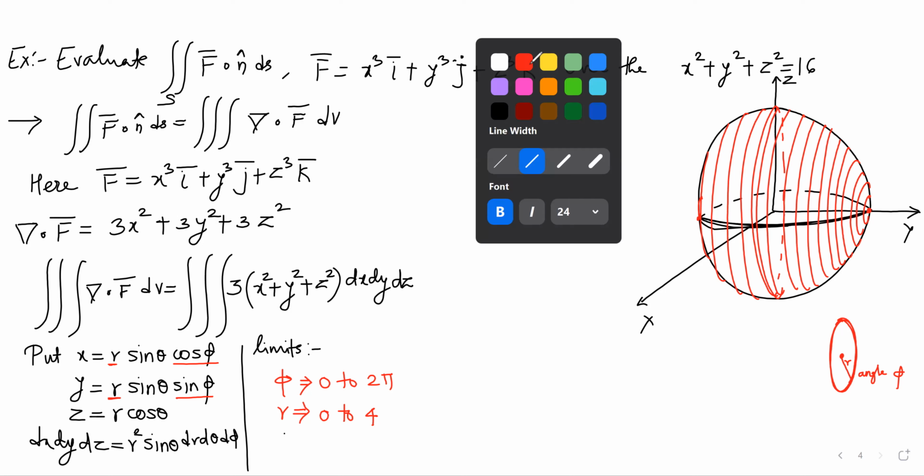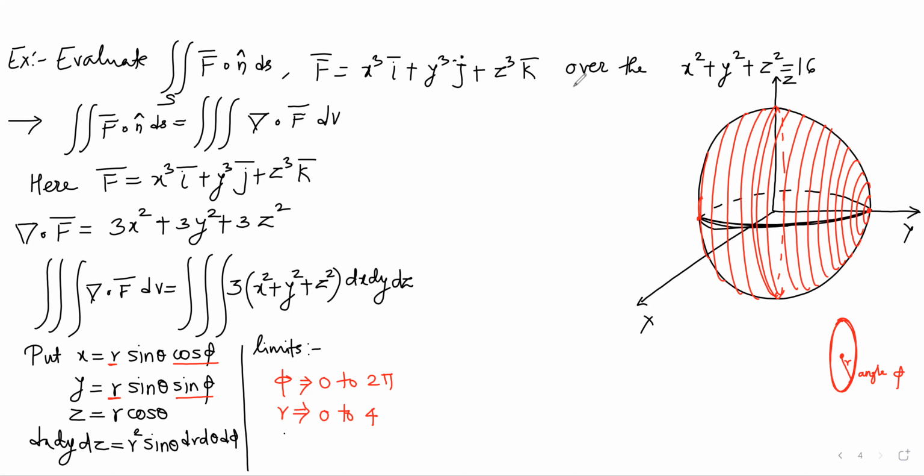This is actually your theta every time. When theta is equal to 0, it will cover the point circle. When theta is equal to pi by 2, it will cover the greatest circle. And when theta is equal to pi, it will cover like this. So these are all the circles we will cover, correct? These are all the theta values.